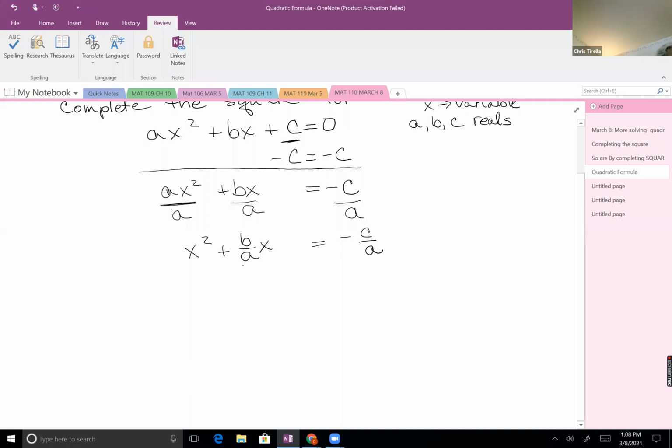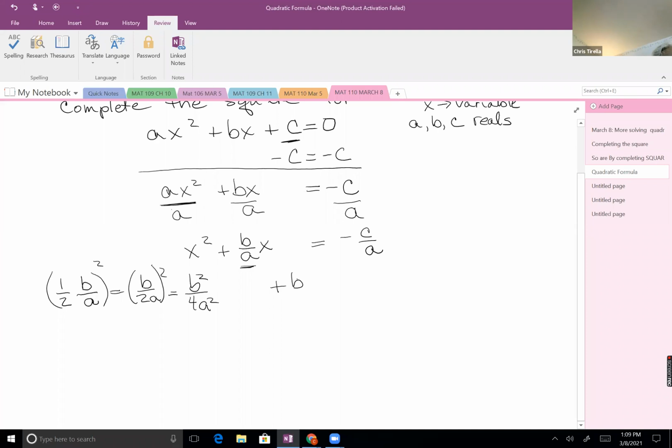Then we said we wanted to take half of this coefficient. So when I take that b over a, usually to take half of it, we divided it by 2. But I'm going to multiply it by a half to take half of it and square it. So that would give me b over 2a squared, which is b squared over 4a squared.